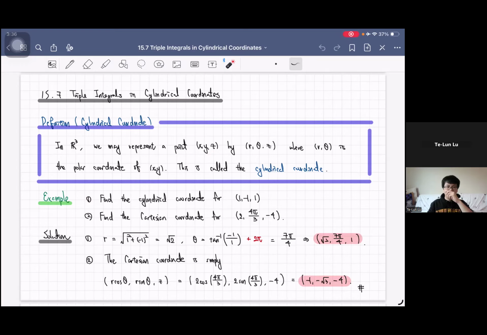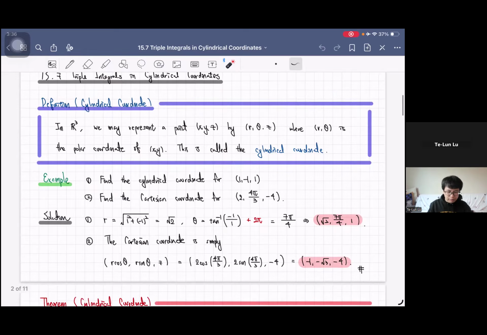Because basically this coordinate system got its name because we're dealing with x and y being r cosine, r sine, whereas z can be anything. So if you observe some function or domain of that symmetry, then we should apply this coordinate system to change the variable and do the integration.